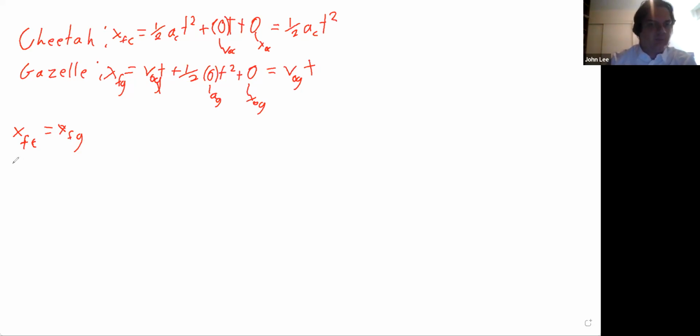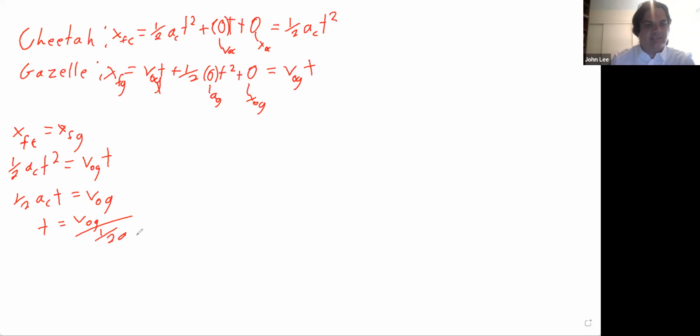So 1/2 AC t squared is going to be equal to V naught G T, or 1/2 AC T equals V naught G, so T equals V naught G divided by 1/2 AC equals 2 V naught G over AC. So that's how long it's going to take.